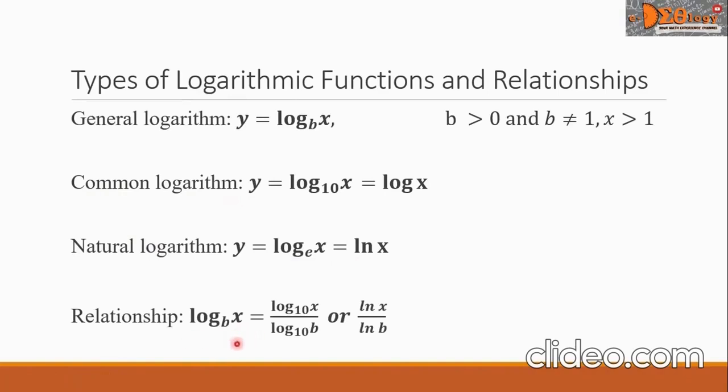We can simplify this by taking the quotient of log of x to base 10 over log of b to base 10, or we can write ln of x over ln of b. Take note, the log of x will be in the numerator, and the base b will come as the log of b in the denominator.